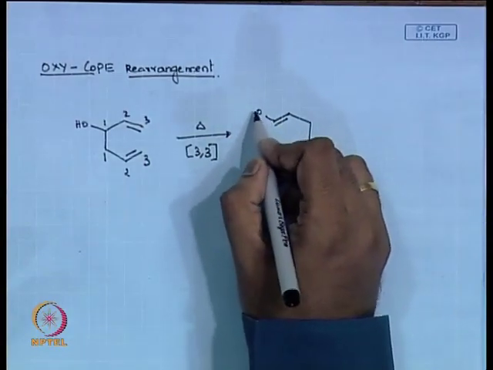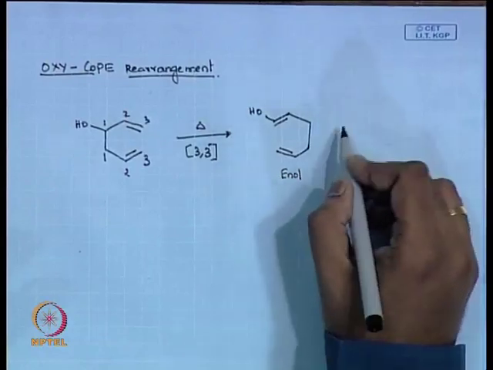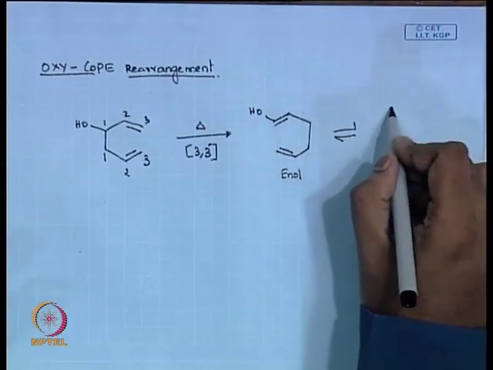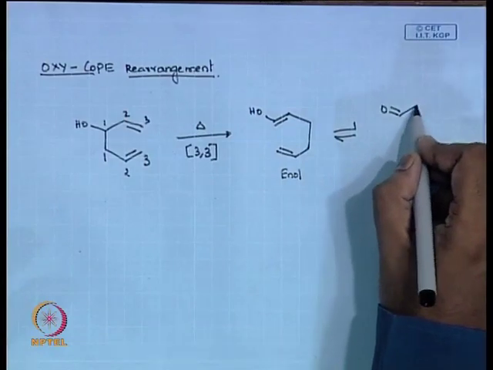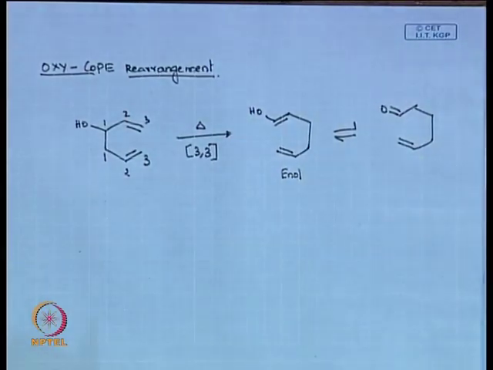You get an enol form, which tautomerizes to give you a ketone. This is your Oxy-Cope.